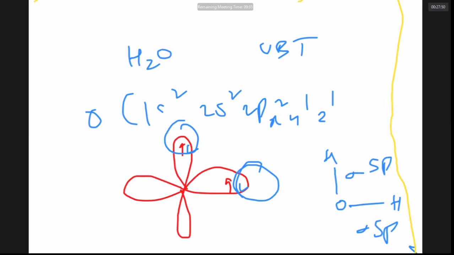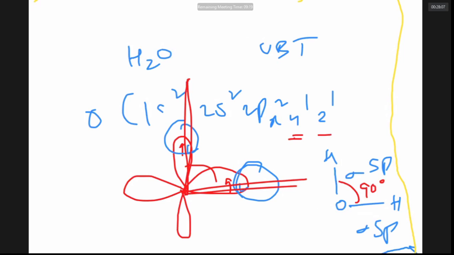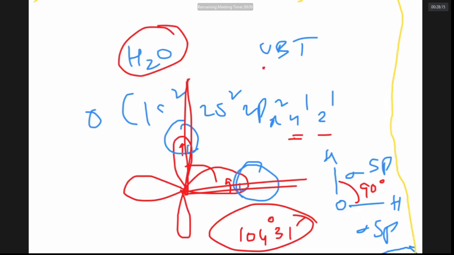In water, what is the angle between the py and pz orbitals? 90 degrees. So the water H-O-H angle is supposed to be 90 degrees, but experiment has shown it is 104 degrees 31 minutes.